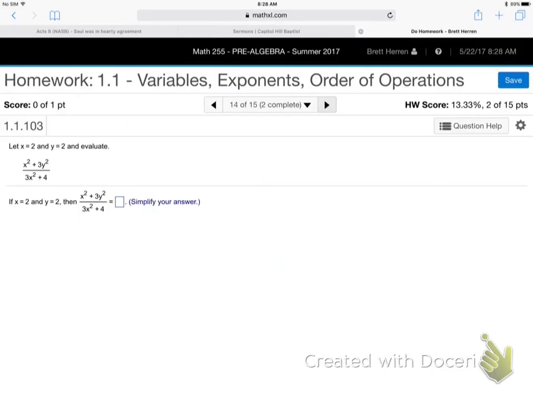Okay, so x squared plus 3y squared over 3x squared plus 4. All right, and we're supposed to plug in x is 2 and y is 2. So you know how to plug into formulas, right? You put parentheses around the numbers that you're plugging in, and you plug them in where the letters are.